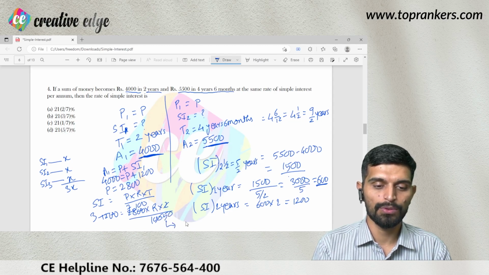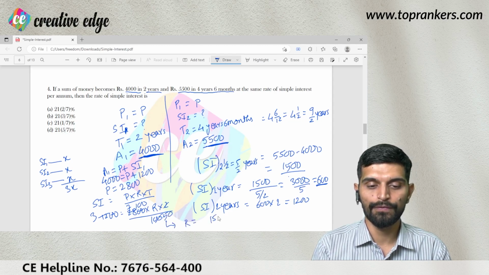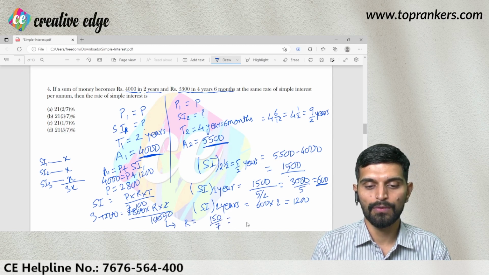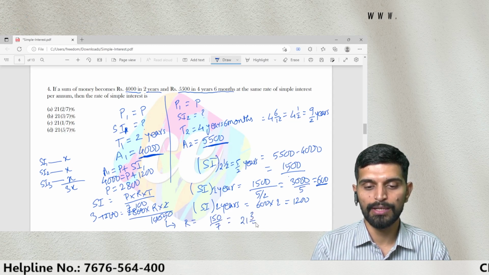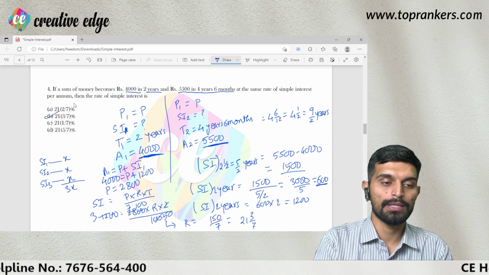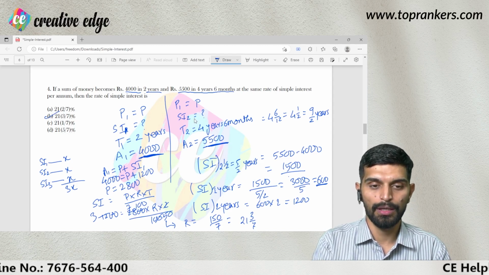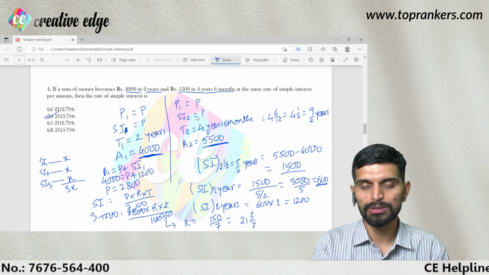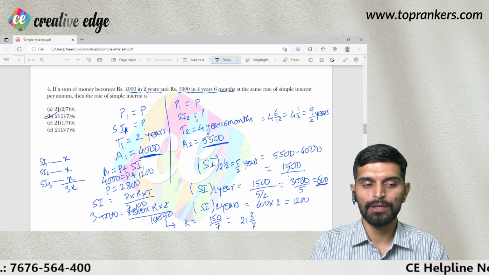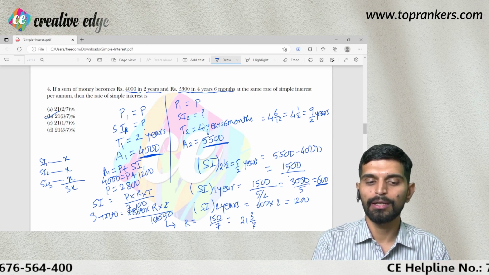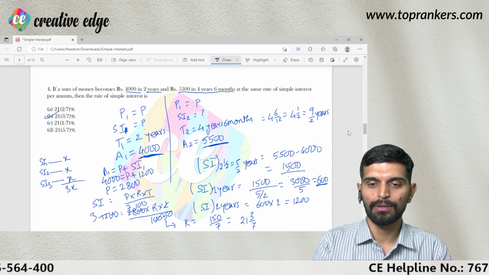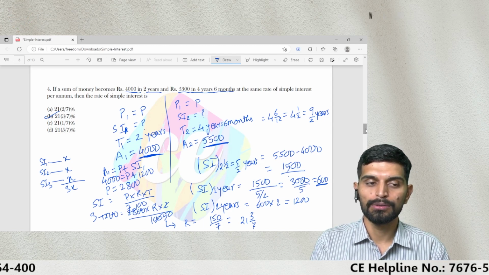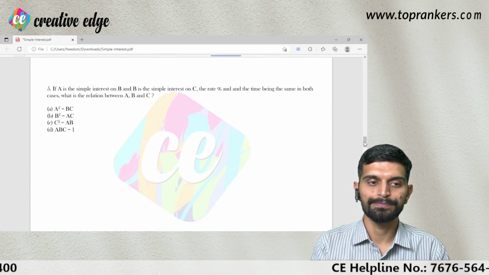So that gives you R is equal to 150 upon 7, which is 21 3 by 7. And the answer is option B, right? I know it looks quite lengthy, but when we solve it, actually, it is not that lengthy, right? So let's move to the next question.